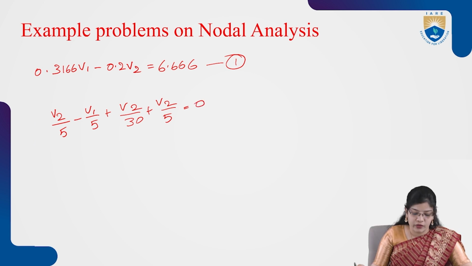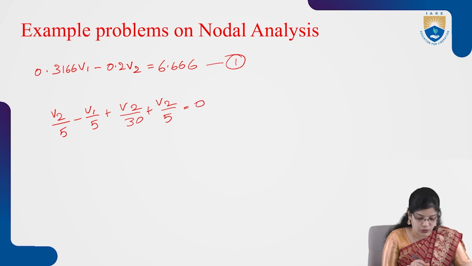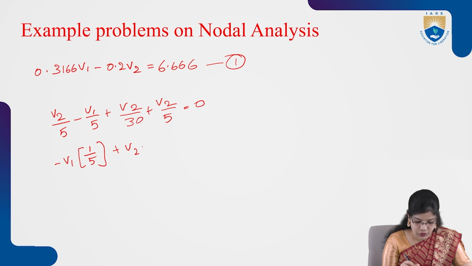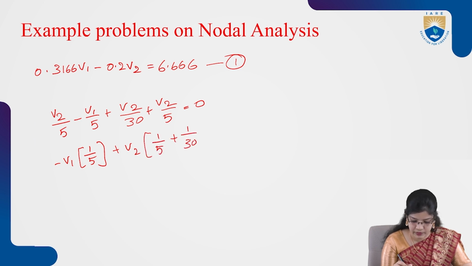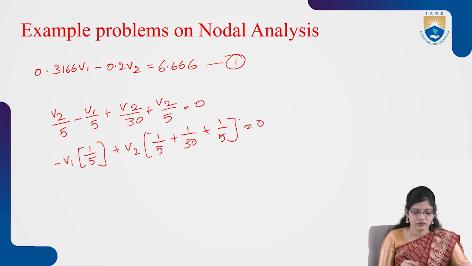Now I am taking out the values of V1 and V2. So minus V1 by 1 by 5 plus V2 into 1 by 5 plus 1 by 30 plus 1 by 5 equals 0.